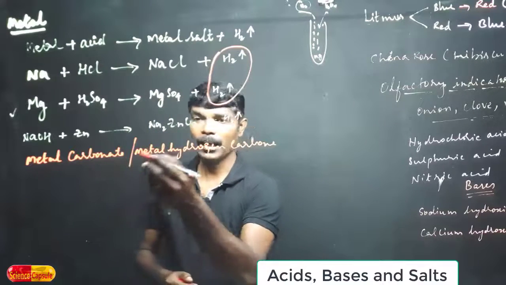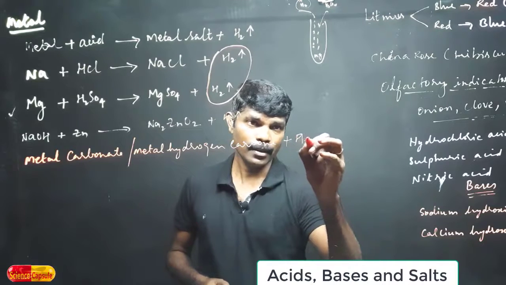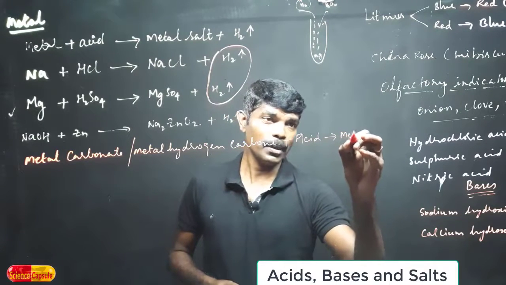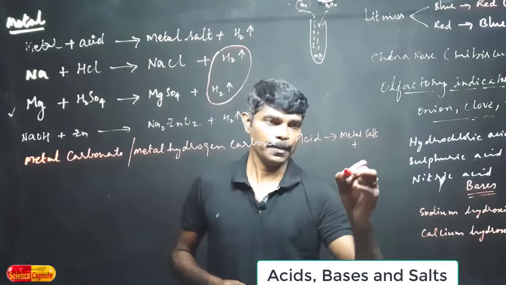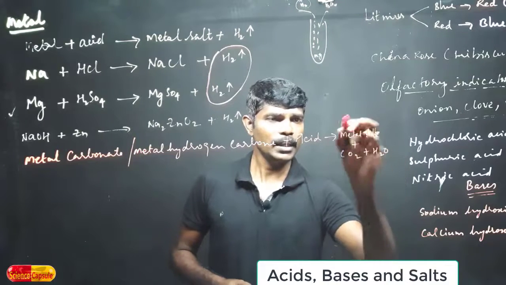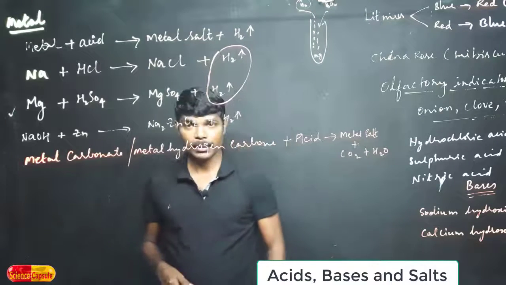Whenever a metal carbonate or metal hydrogen carbonate reacts with an acid, we get the corresponding metal salt plus carbon dioxide plus water. These are the substances produced when metal carbonate and metal hydrogen carbonate react.